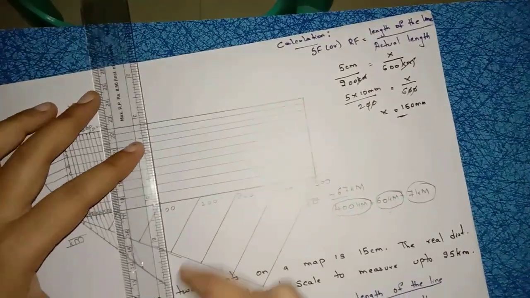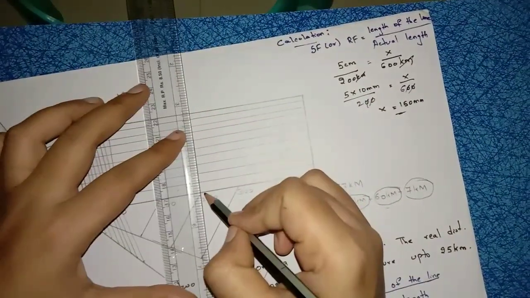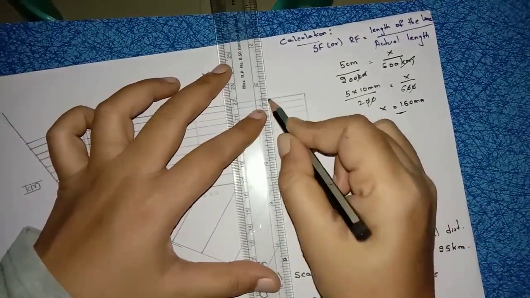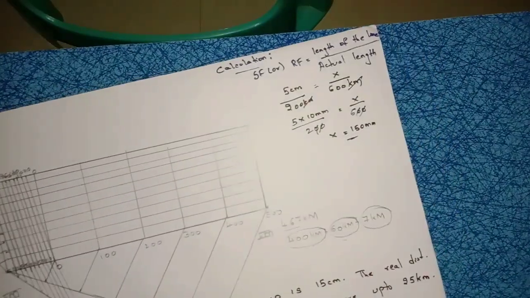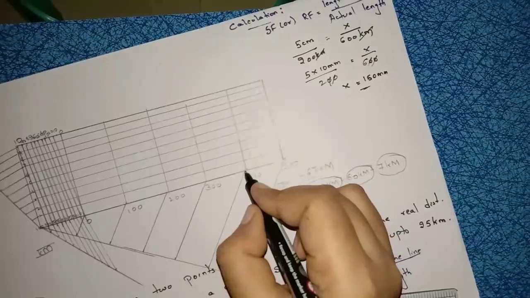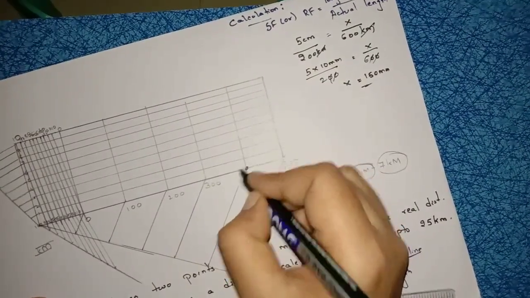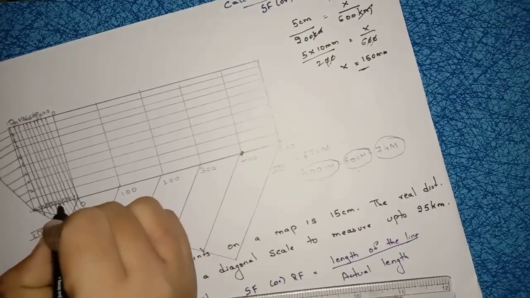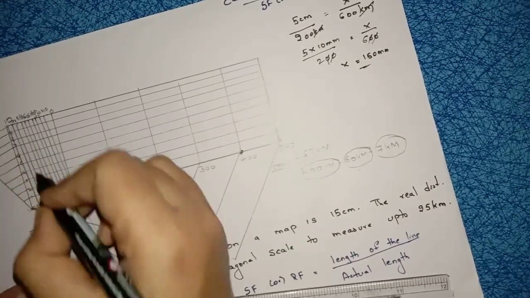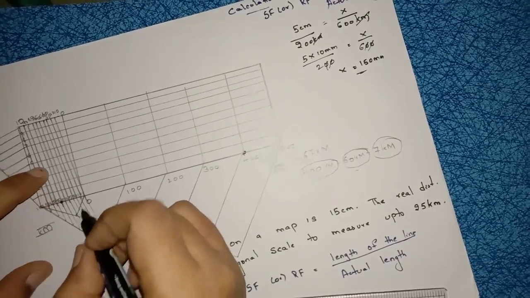After that, from 100 draw the perpendicular, from 200, from 300 and from 400 draw the perpendicular lines. Now what you have to mark? 467. This is 400 kilometers, this is 60 kilometers and this is 7 kilometers, exactly straight here.